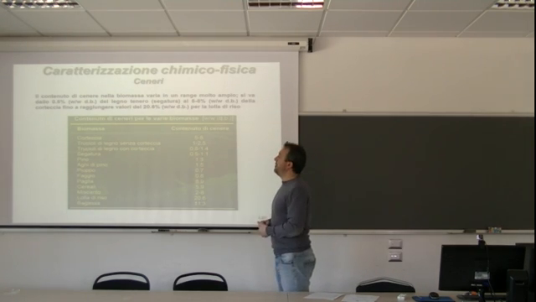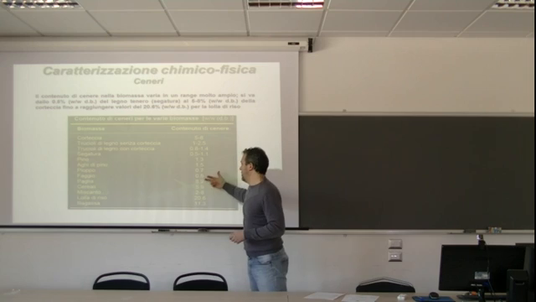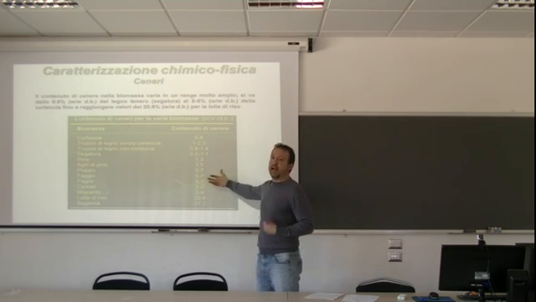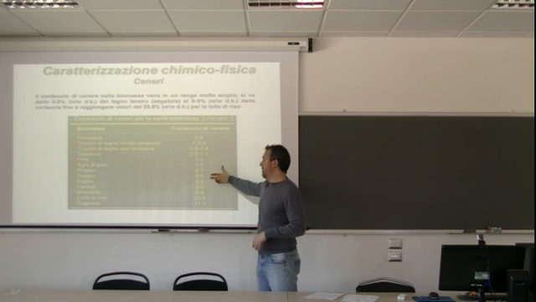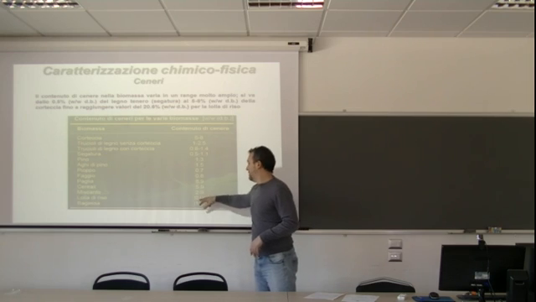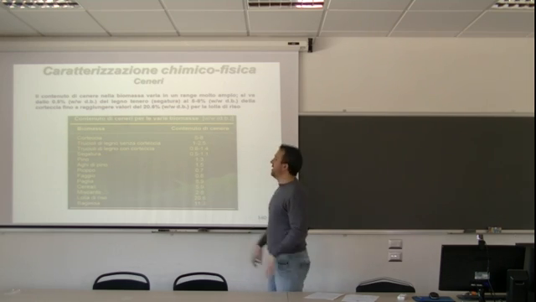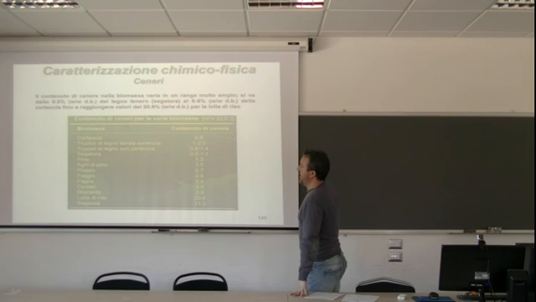These are some typical values of ash content for different kinds of biomass. For example, herbaceous biomass has a very high content of ashes. For example, straw, cereals, or rice. This is not the rice, but the rice husk, bagasse, and so on.